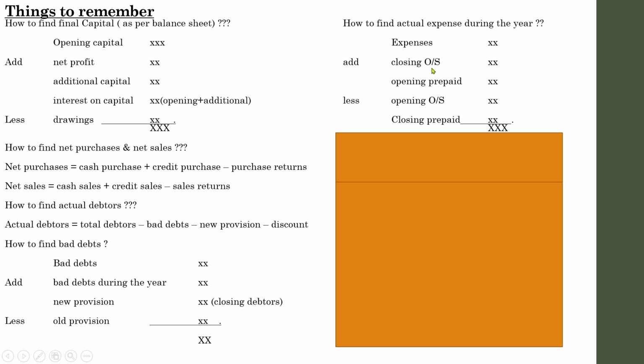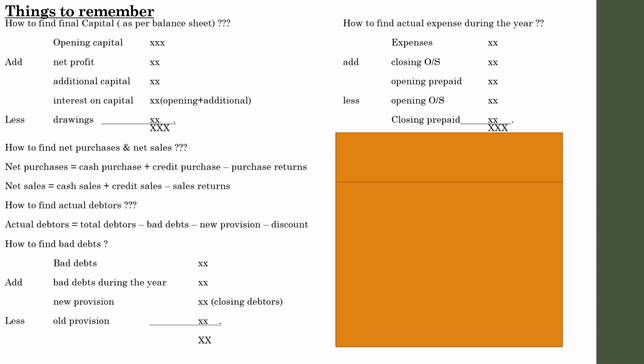So let us familiarize what is meant by outstanding and prepaid. I hope you all know the meaning of outstanding and prepaid. Outstanding means any amount which relates to the current period and is still pending. And prepaid means sometimes you might have paid an amount in advance, that is known as prepaid.